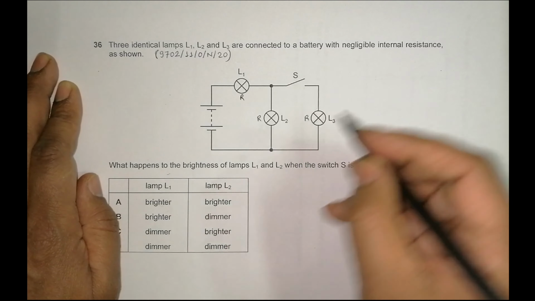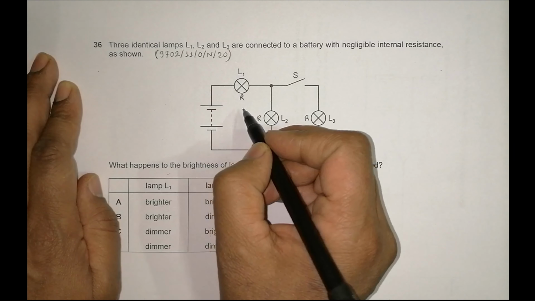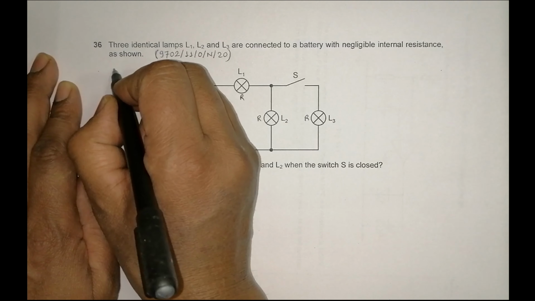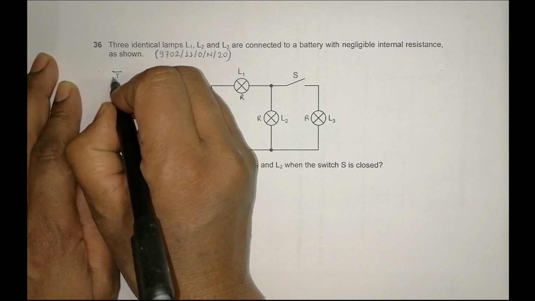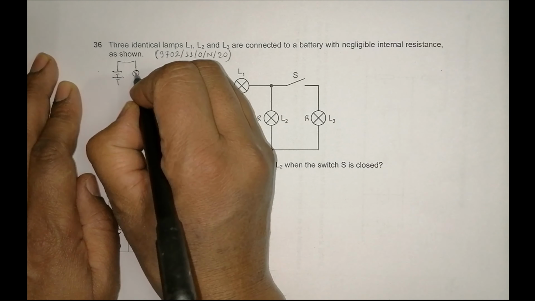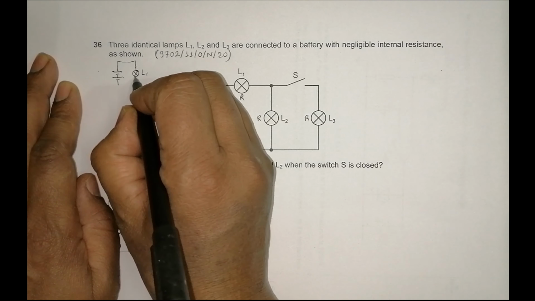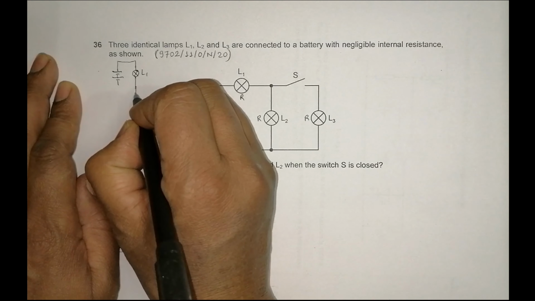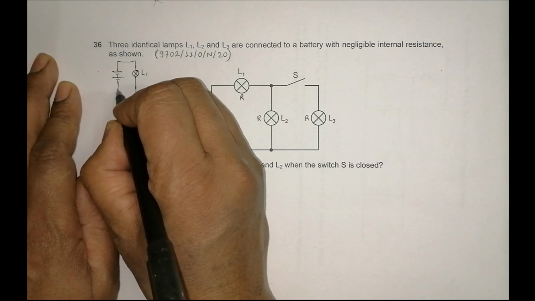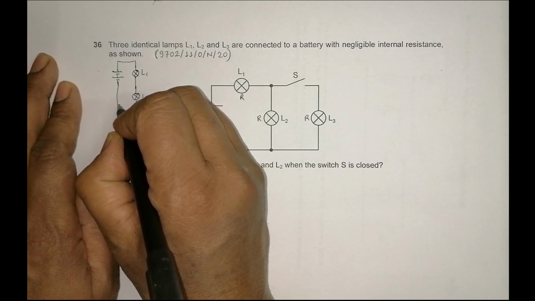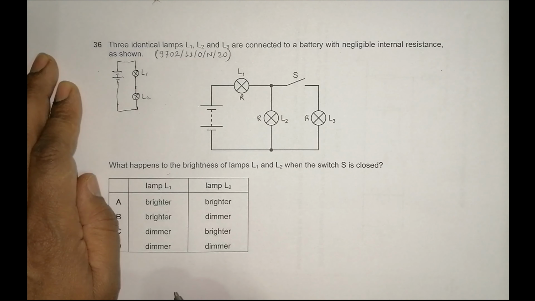So now our circuit will just be like this. Let me draw it in a voltage divider form. So this is the source. From here I have this first lamp, L1, and then I have the second lamp, L2, like this.